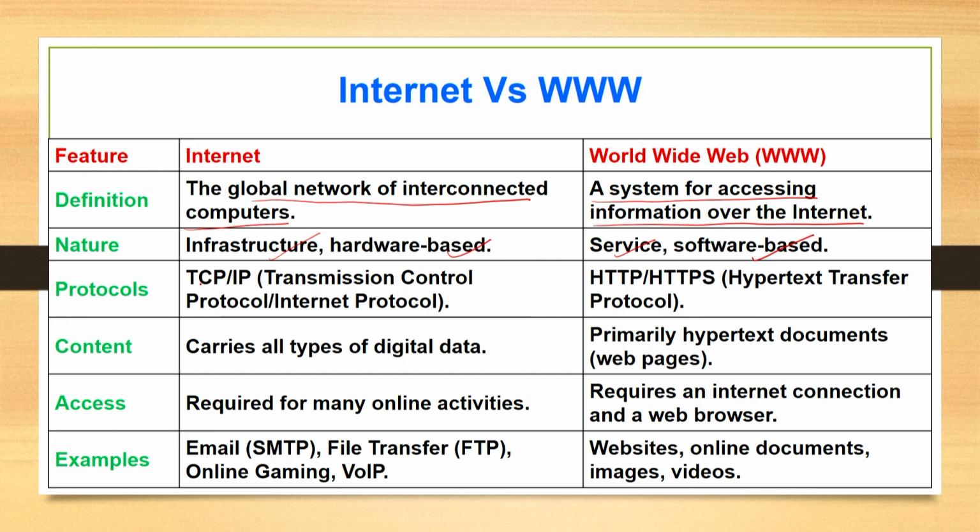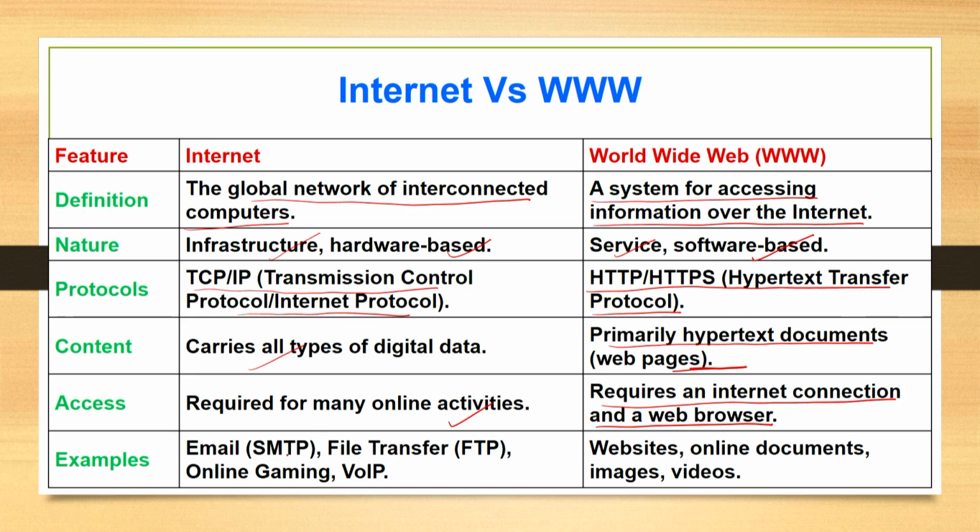Protocols used in the internet are transmission control protocol and internet protocol, whereas in www it is hypertext transfer protocol or hypertext transfer protocol secure. Internet carries all types of digital data, whereas www primarily carries hypertext documents, that is web pages. Internet is required for many online activities, whereas World Wide Web requires an internet connection and a web browser.